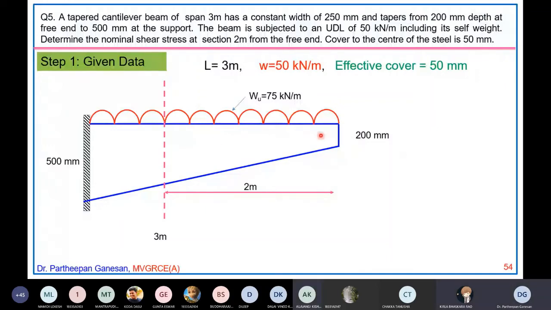So it's varying depth. In page number 72, if the beam is varying in its depth, how to find out nominal shear stress? Formula is given. Okay. So the formula is tau V is equal to VU plus or minus MU by D into tan beta, divided by BD, right?